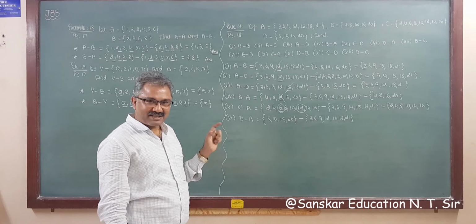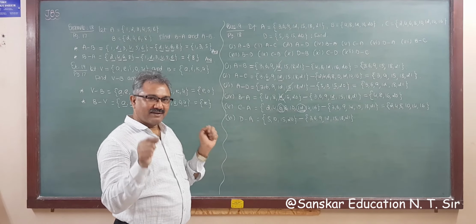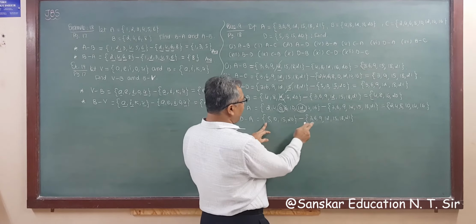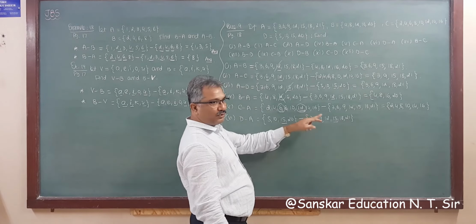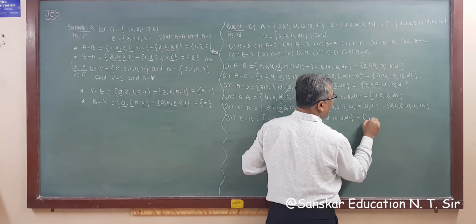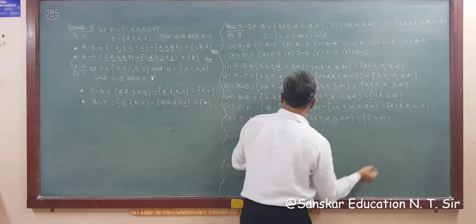Again, difference means neglect the same elements from the first set. So no 5, no 10, yes, 15 is there, 20, no. So the remaining is 5, 10, 20. So 5, 10 and 20 is your answer.